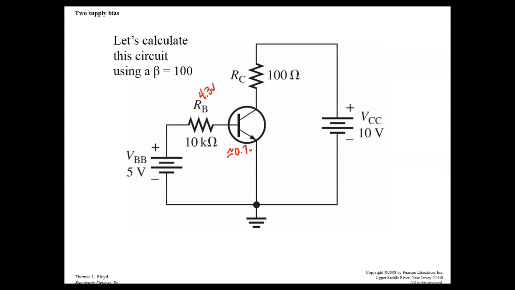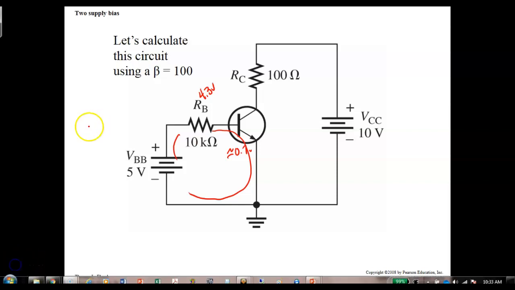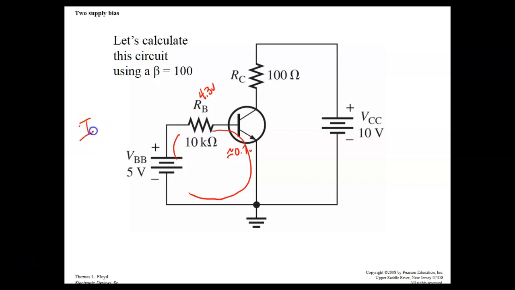So now I can calculate the current flow through RB. This is the series loop, so whatever current is going through RB is going to be the current going through IB. So what would IB be equal to? IB would be equal to 4.3 divided by 10K.